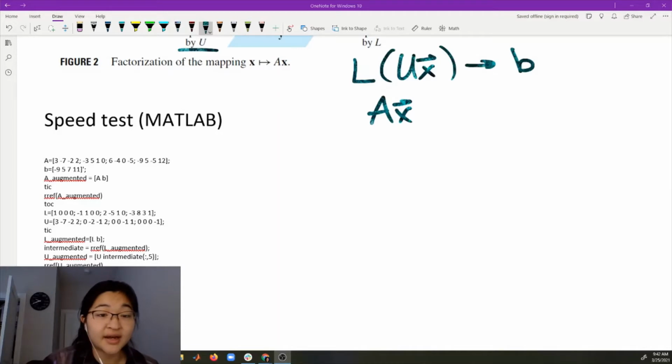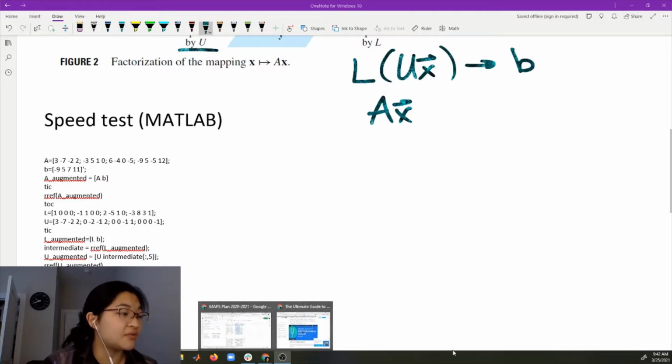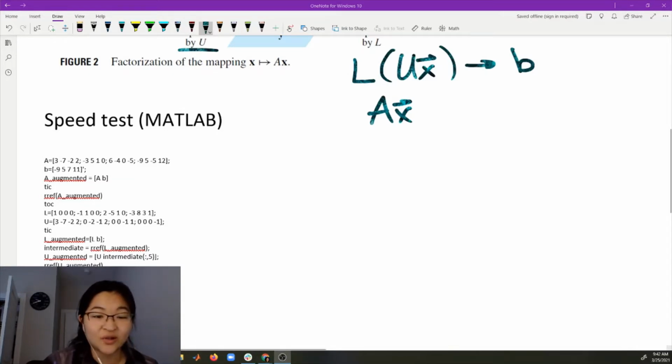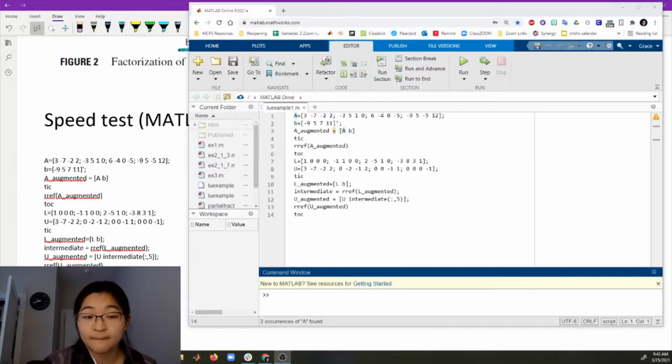So let's look at the speed of how these two computations run, just to be a little bit more motivated for why we would want to do this. So here we have some MATLAB, and I also included the text of what this is over here on the left, but I'll link this as well.